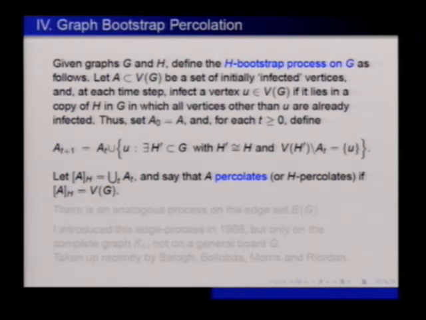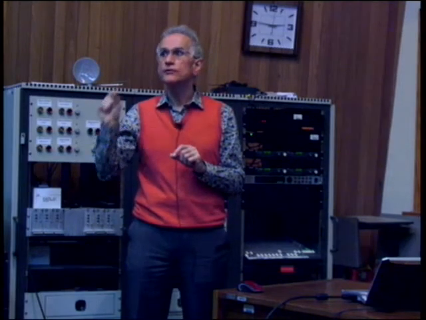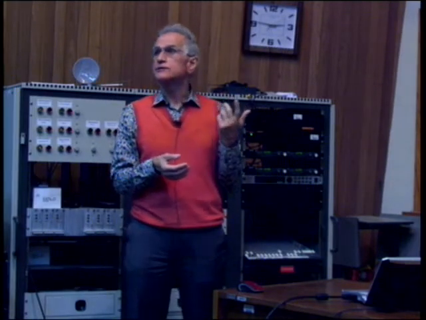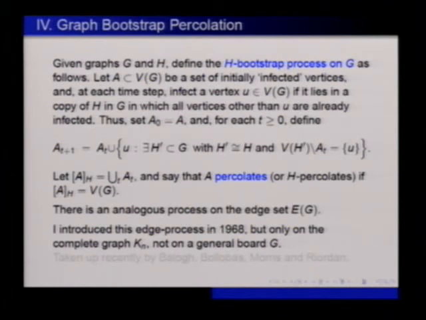So it's just a graph, and the infection goes by infecting a site, a vertex, provided it is the last healthy vertex of an H subgraph. So if somewhere you find an H subgraph in which that is the last healthy vertex, then you infect it, and that in the next round, and it continues. And of course, there are analogous processes.